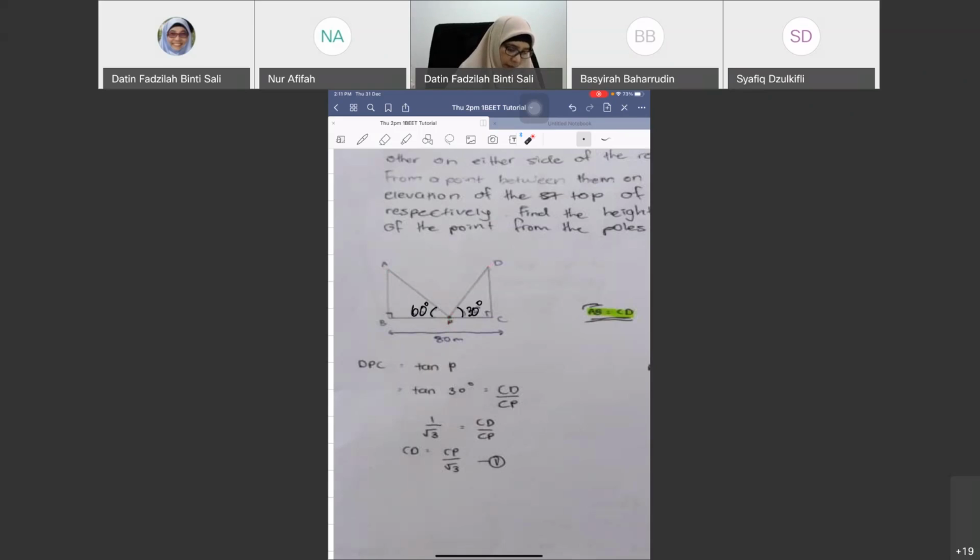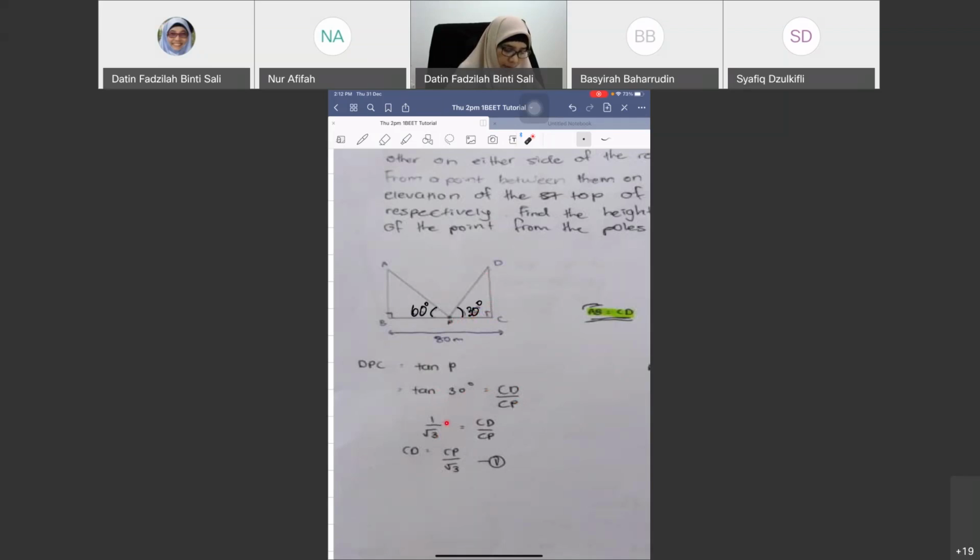Starting by looking at this triangle first, triangle DPC, we use trigonometric ratios. Tangent 30 degrees equals CD over CP.